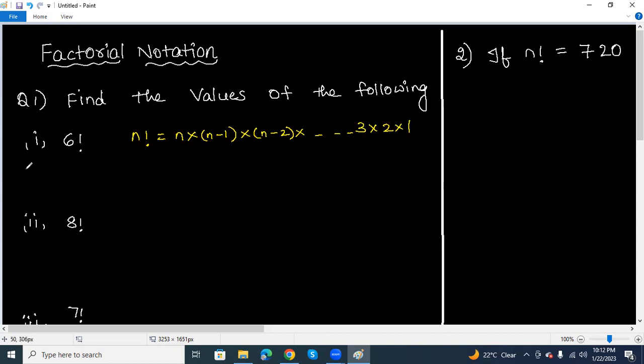So 6 factorial is equal to, let's start with 6, 5, 4, 3 times 2 times 1. So 6 fives are 30, 30 fours are 120, 120 threes are 360, 360 twos are 720. So the 6 factorial value is 720.